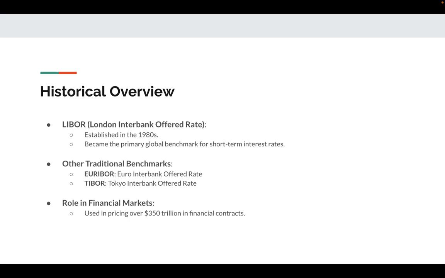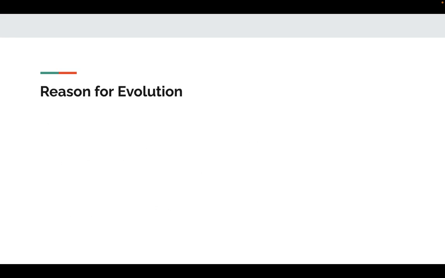Let's look into why the changes were necessary. Several factors prompted the need to evolve from traditional benchmark rates like LIBOR to current benchmark rates like the risk-free rates that are getting used. There were manipulation scandals revealed in 2012, where investigations revealed that some banks manipulated their LIBOR submissions to benefit trading positions and appear more creditworthy.